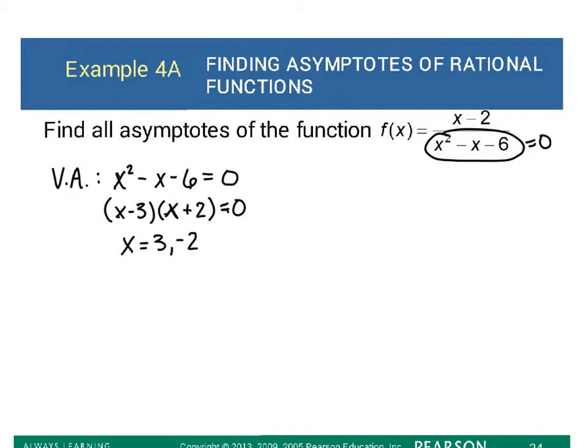Now for determining horizontal asymptotes, look at the degrees of your function. The one in the numerator is considered to be 1, and the one in the denominator is 2. So that right there, we have our degree in the numerator is less than the degree in the denominator, which means we have a horizontal asymptote at y equals 0.